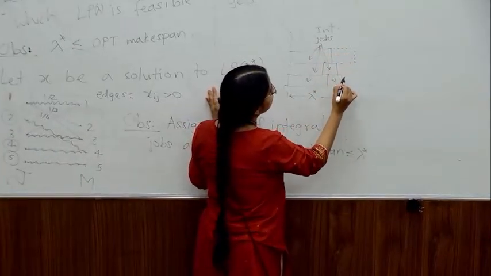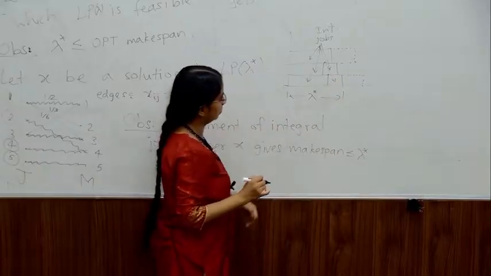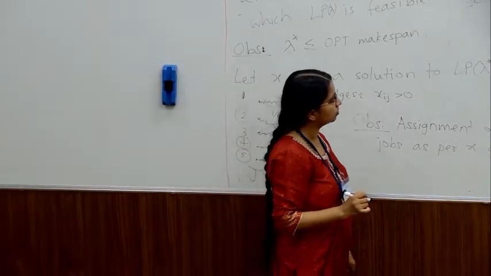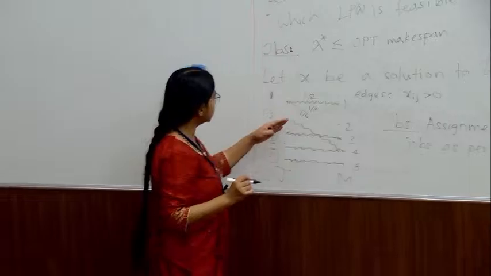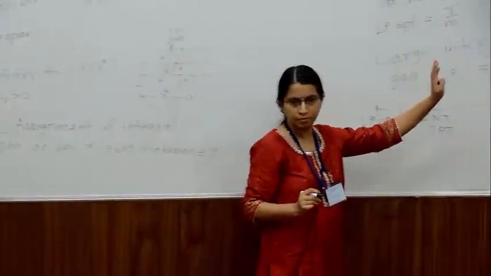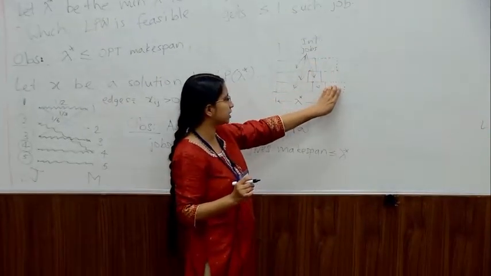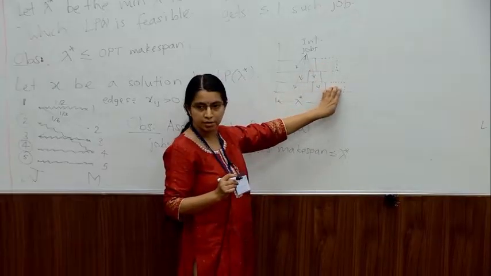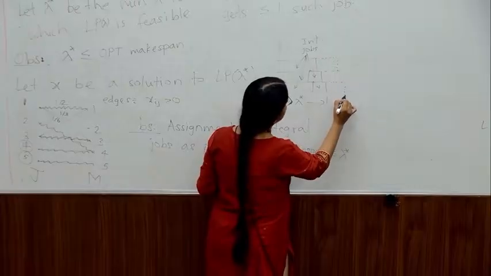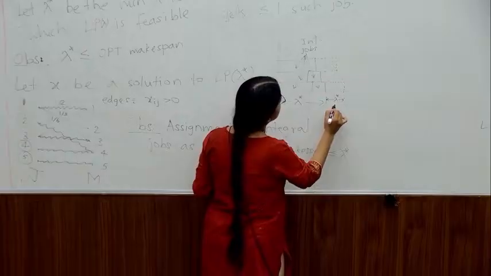So this machine gets 1, maybe this machine gets 1, and maybe this machine gets nothing. This rounding is happening only along those pairs which are present in S lambda, which means the extra processing time that each machine is getting is no more than lambda star. So this additional makespan is not going to be more than lambda star.